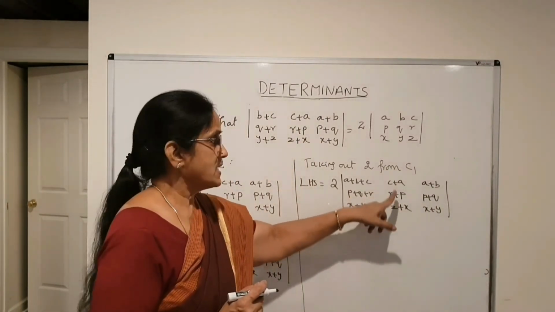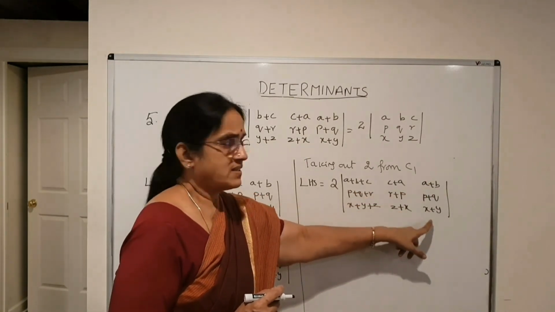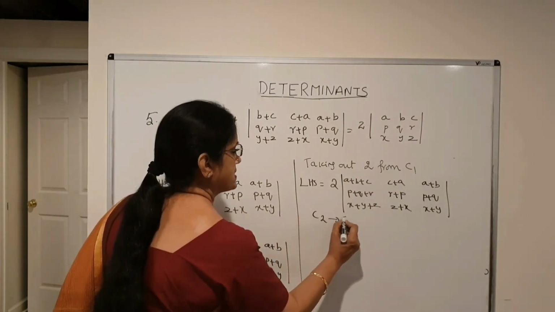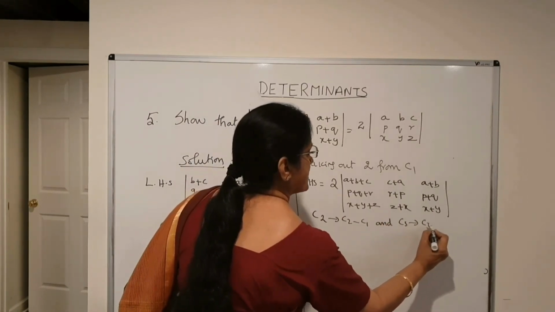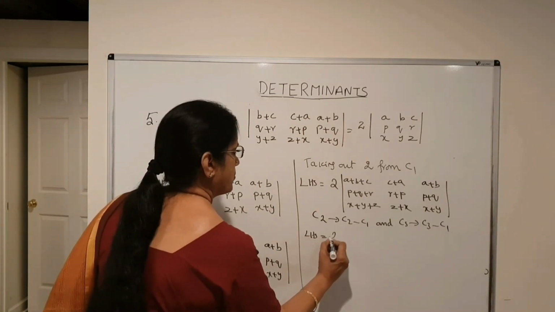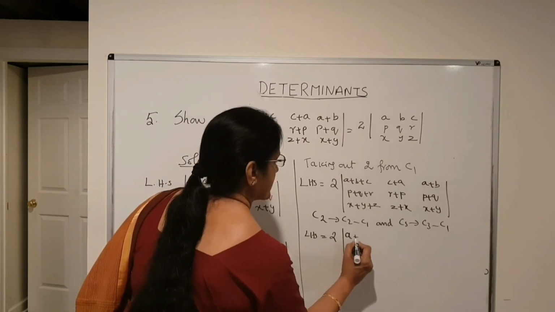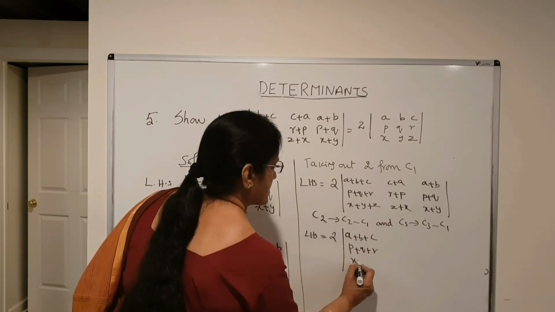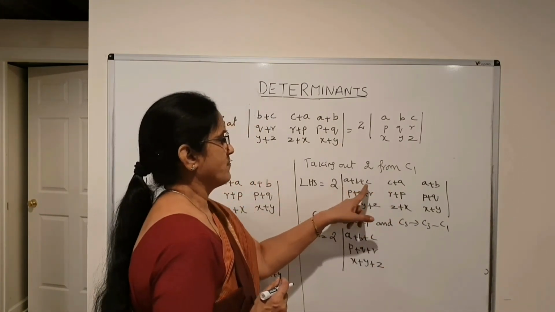Okay, we take C2 as C2 minus C1 and C3 as C3 minus C1. That will give me LHS is equal to 2 times determinant A plus B plus C, P plus Q plus R, X plus Y plus Z. Now, C plus A minus of this.